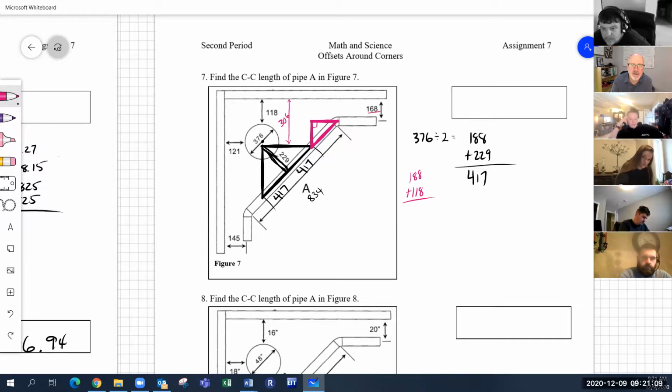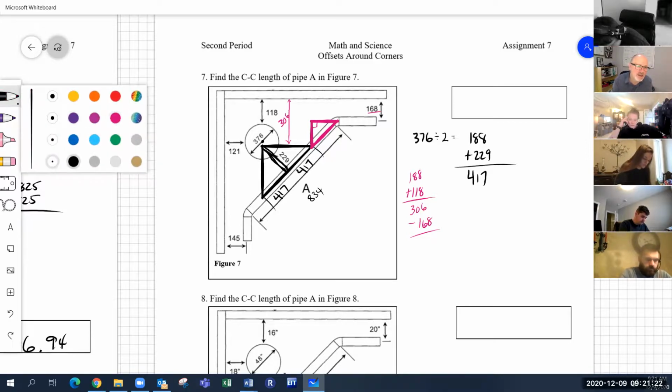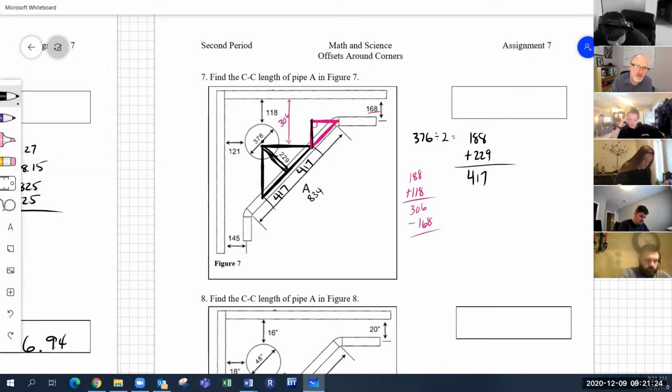And then I'll minus off 168, that's over in the corner. So now this line right here is equal to 138. So now I can go 138 times 1.414 to give me that travel.